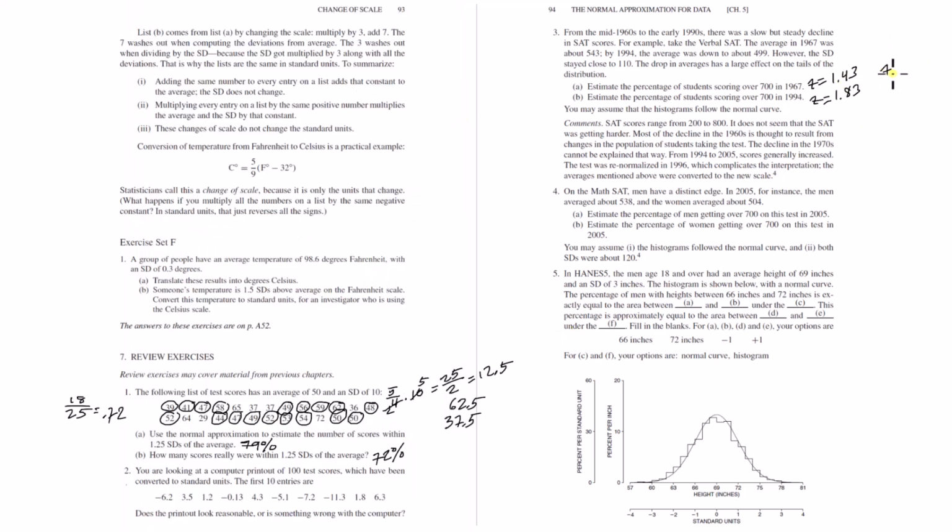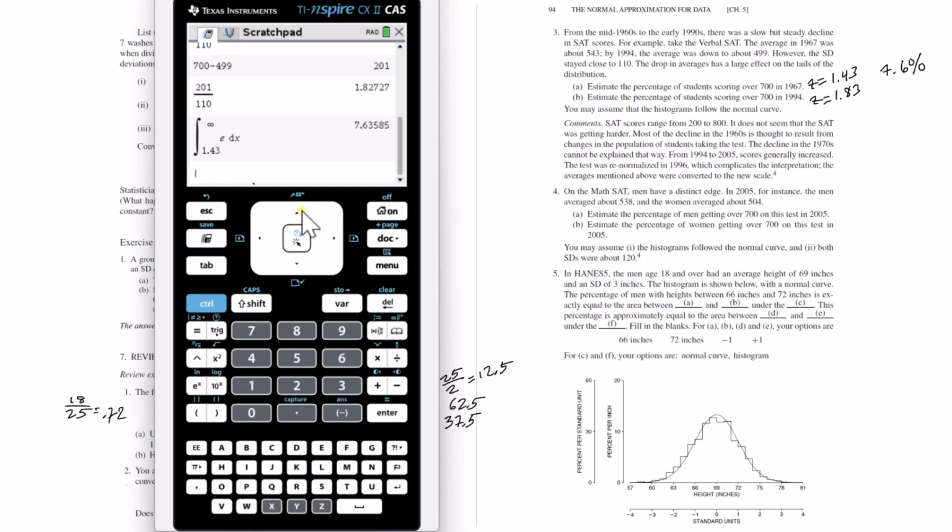Okay, so 7.6% scored over 700 in 1967. What about in 1994? Same thing, it's just now the z-score is different.